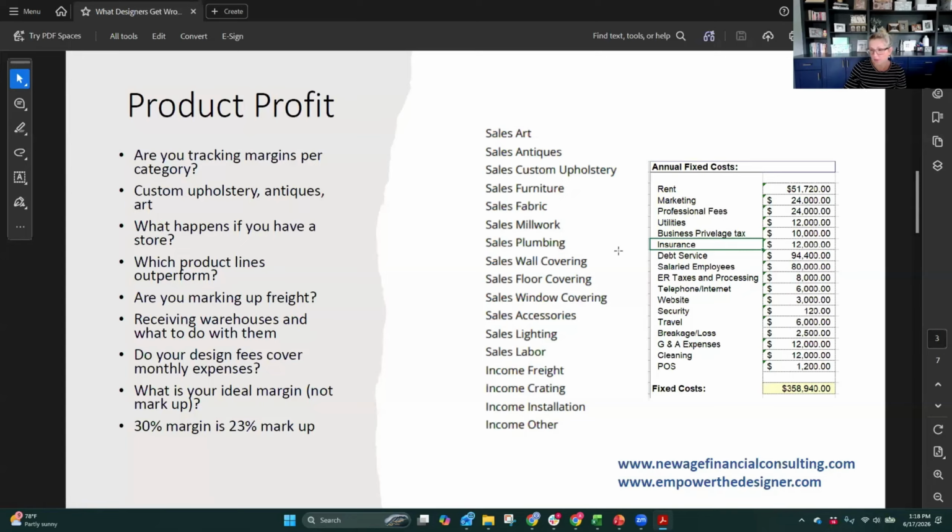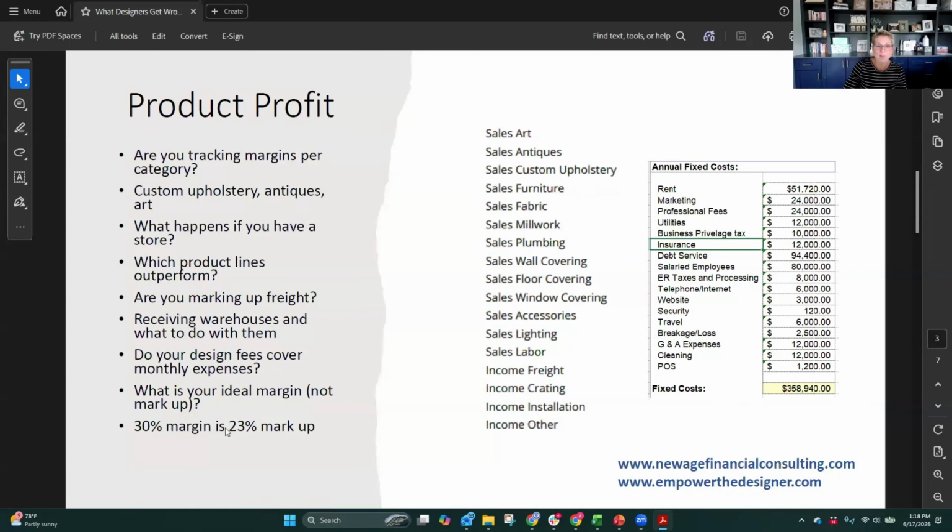So remember back on the previous slide, we just said, at the end of a project, are you reviewing to understand what your total margin and or markup was on a project? And if you typically mark up freight at a different number than 30 or 35%, that's going to drag down your overall profit on a project.